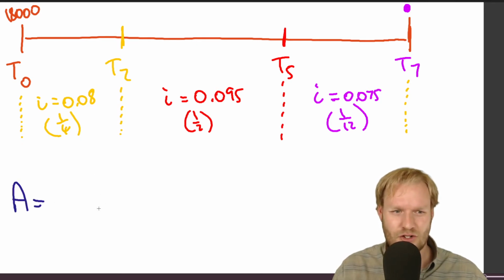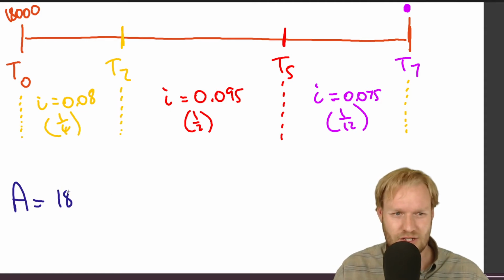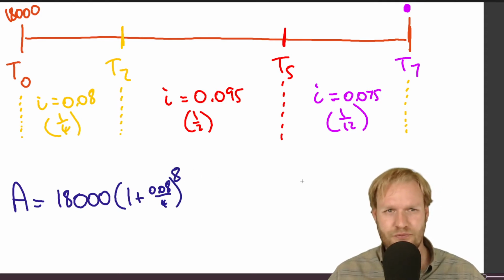So at the end, it's accrued to what? Now I'm going to start us off and then see if you can take it from there. We've got our 18,000 Rand, and we've invested that for 2 years at 8% compounded quarterly. So 1 plus 0.08 over 4 to the power of 2 years times 4, 8.